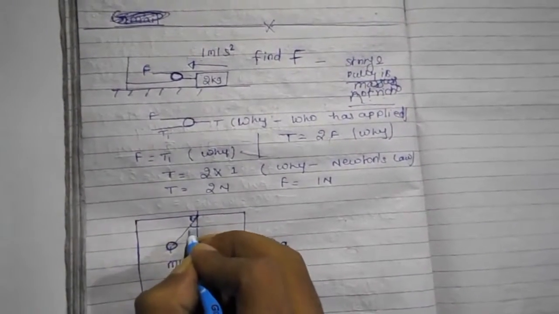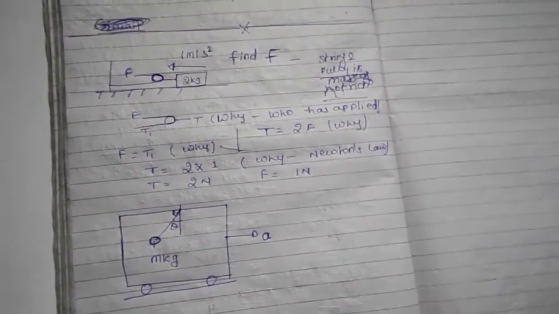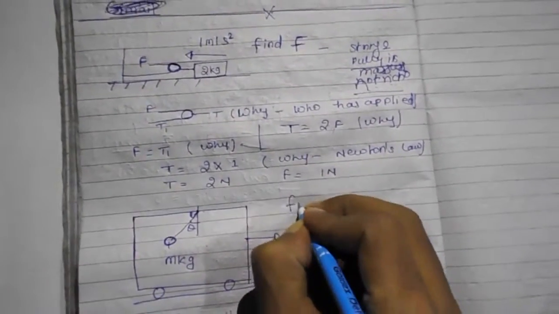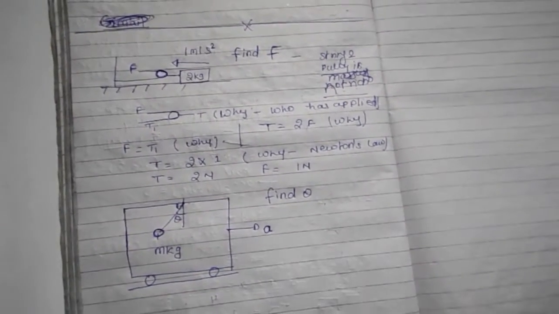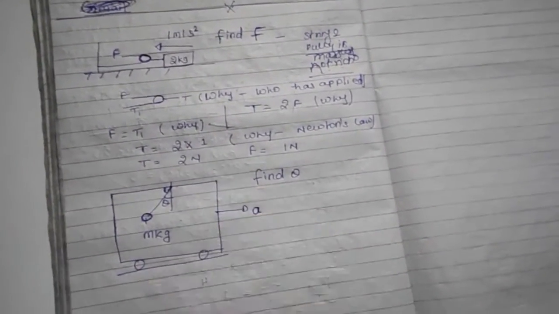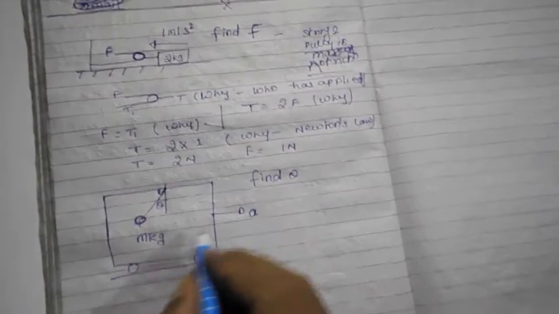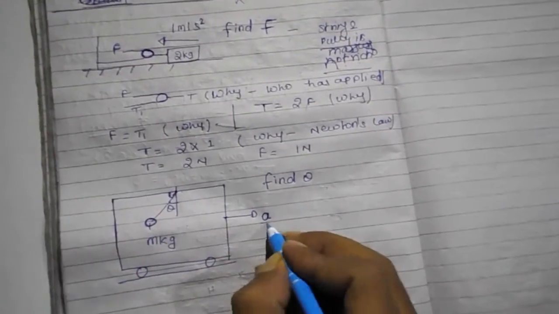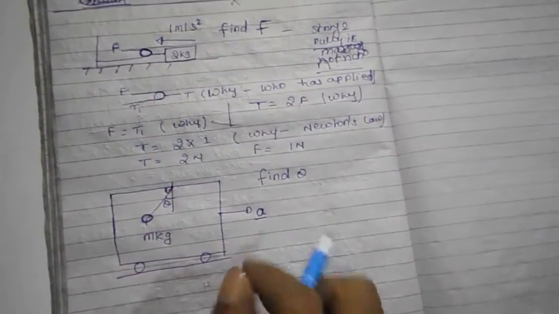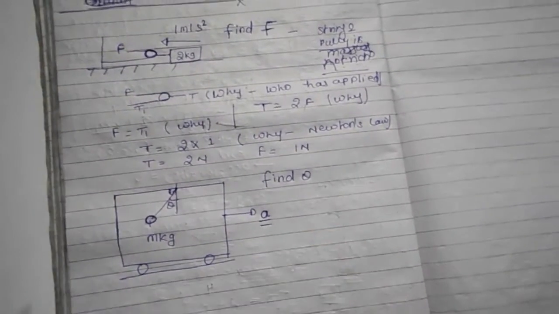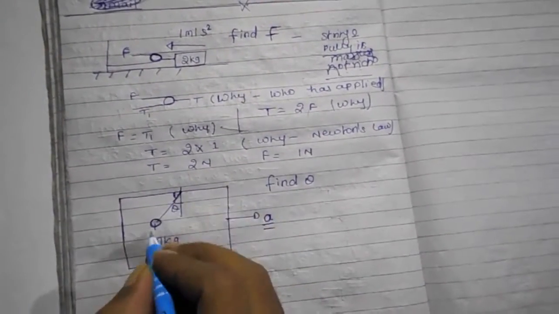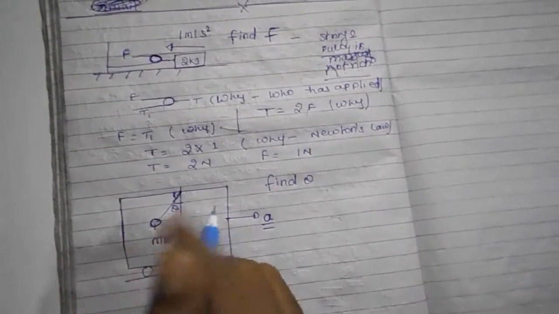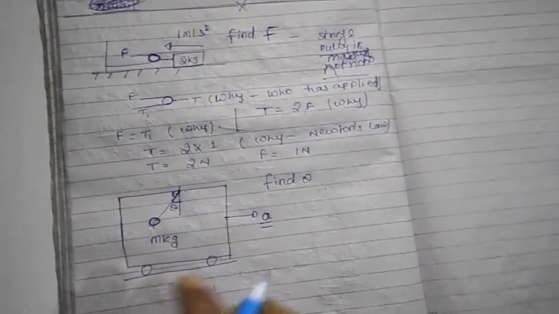Guys, you have to find theta. This car is accelerating with an acceleration a, and a bob of mass m is hanging from it, and due to the acceleration it is inclined at an angle theta.